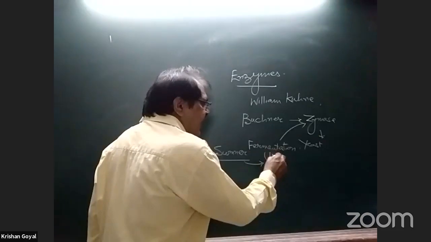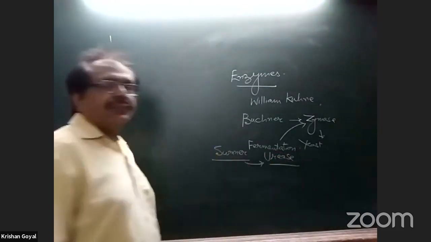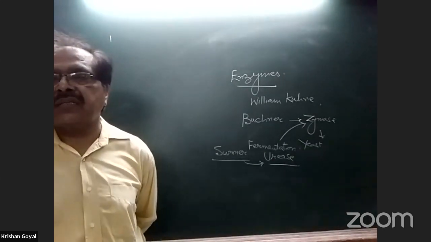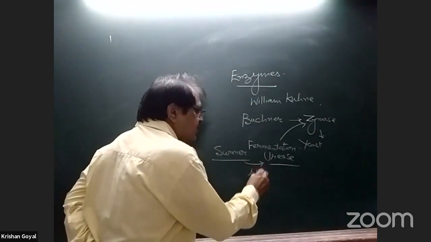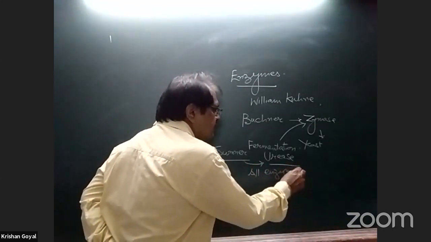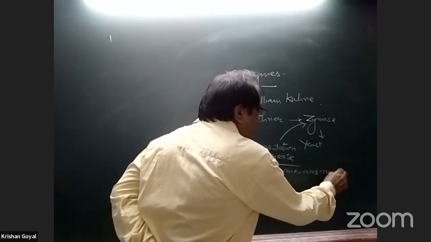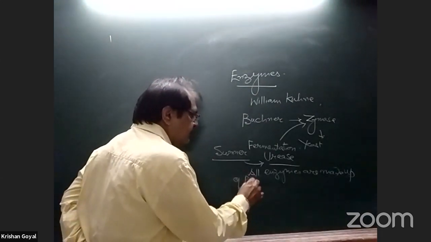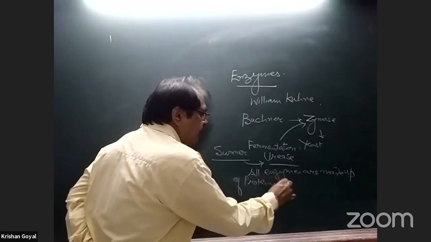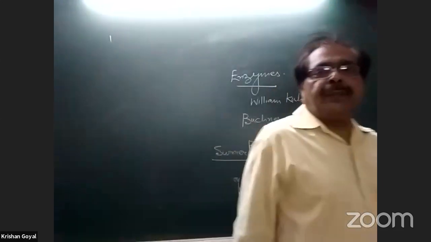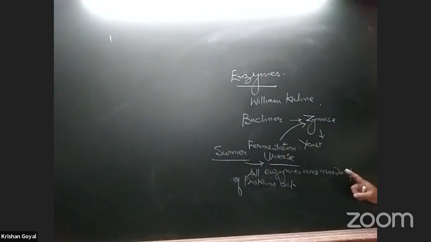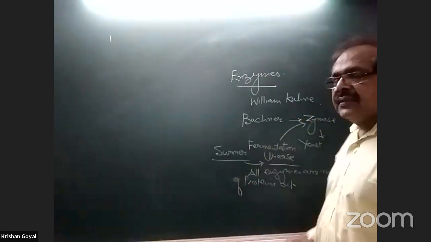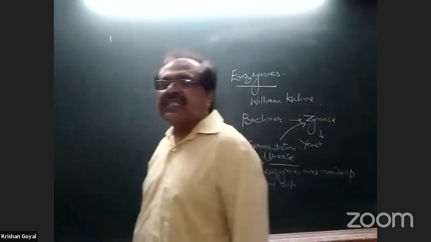He discovered the enzyme urease, and he gave a very popular statement that all enzymes are made up of proteins, but all proteins do not form enzymes. All enzymes are made up of proteins, but all proteins do not form enzymes.